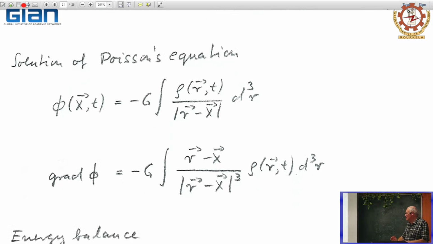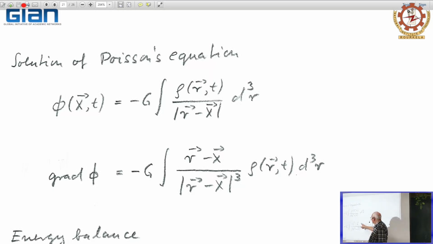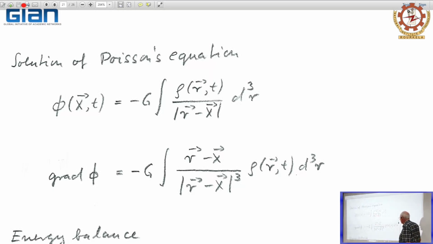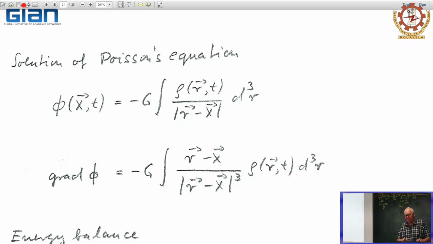The gradient can be taken as the gradient of 1 over this modulus, and it's explicitly given in terms of r minus x over the modulus of r minus x to the power 3.